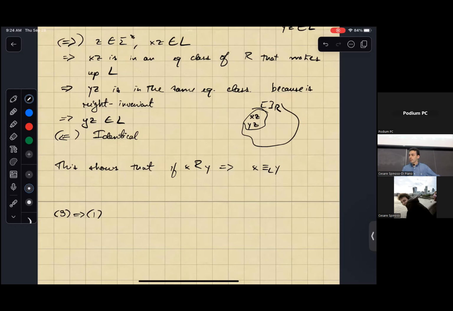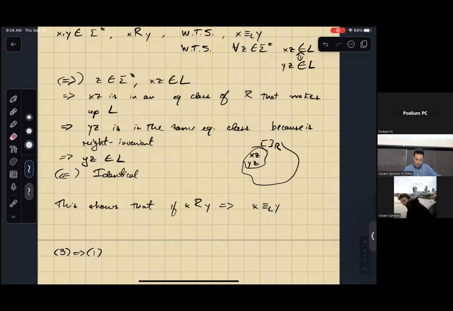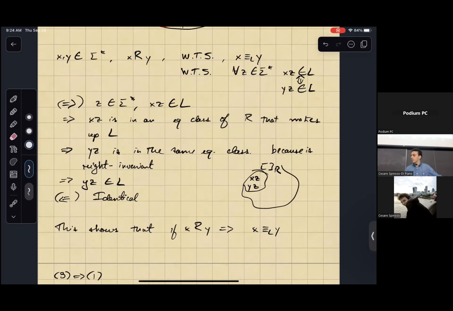X and Y are related from the premise. I already know that X and Y are related, and I know that XZ is in some equivalence class. So by right invariance, YZ is also in the same equivalence class.